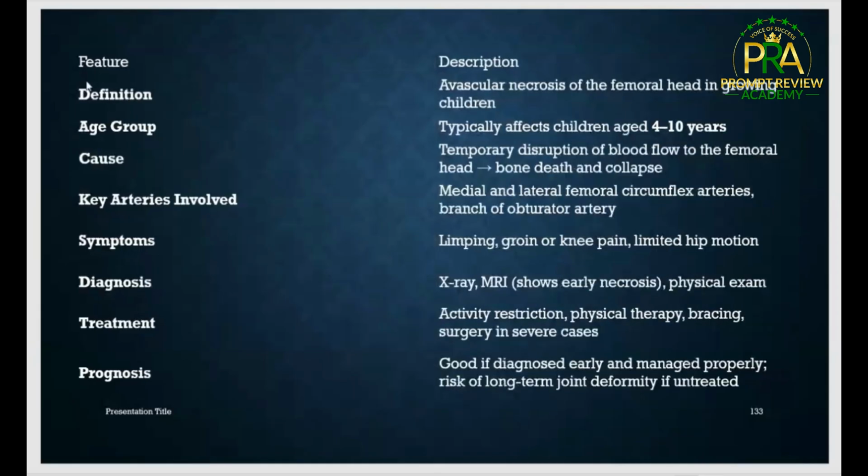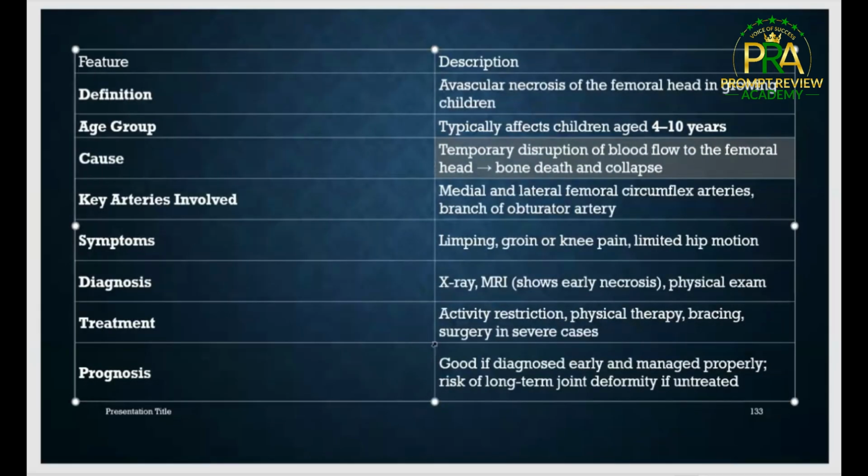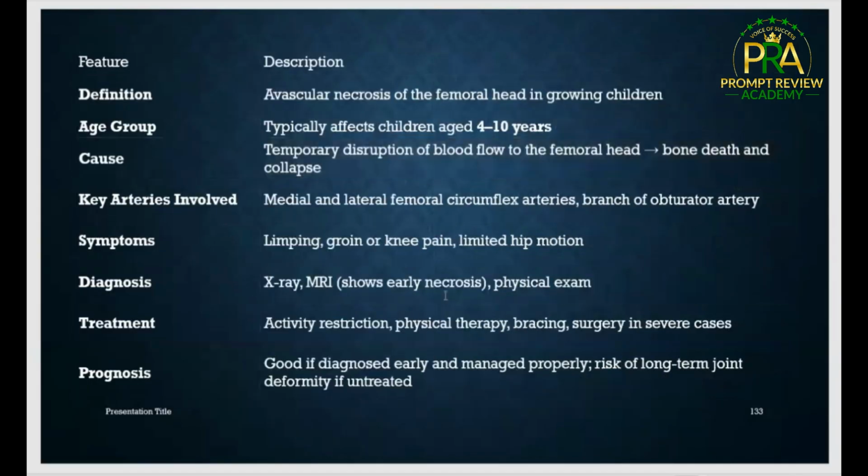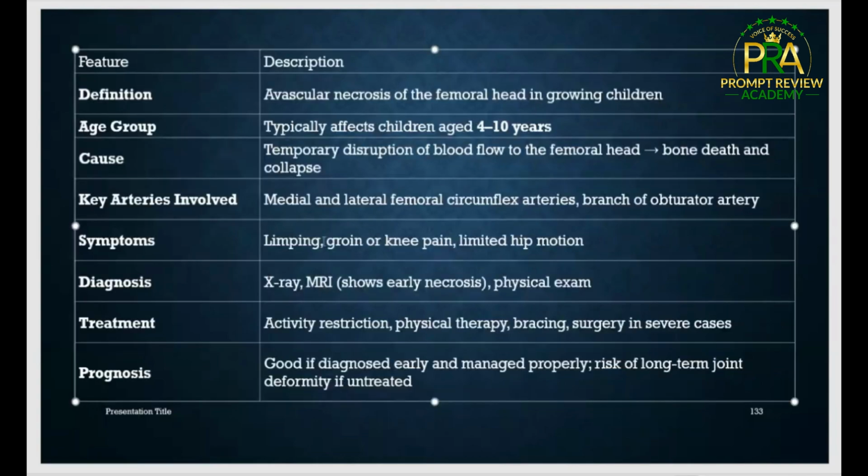So this is it: avascular necrosis of the femoral head, and they do an X-ray or MRI, and also the child may have a limp.